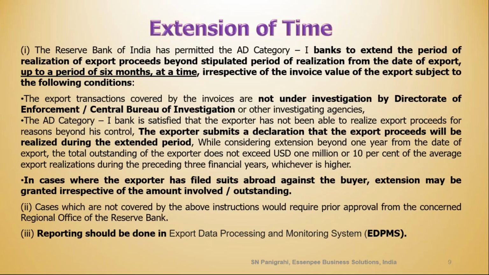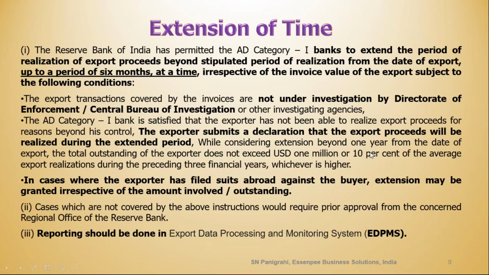And for that also, the exporter has to submit a declaration that the export proceeds will be realized during the extended period. While considering an extension beyond 1 year, the total outstanding of the exports should not exceed a certain amount, 1 million, or 10% of the average export realization of the exporter during the last 3 financial years.